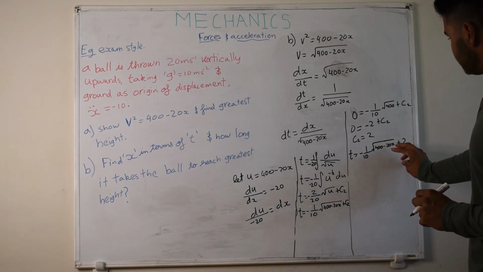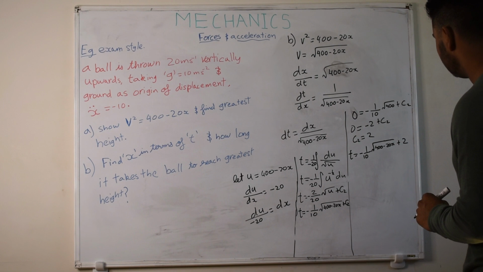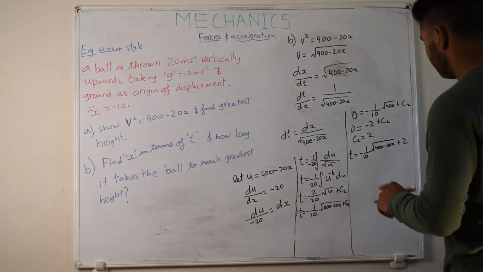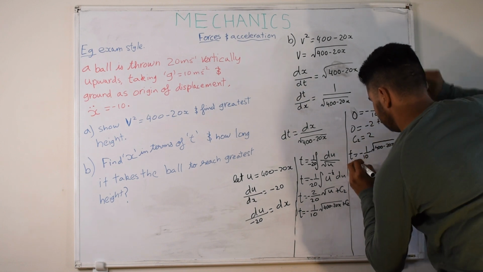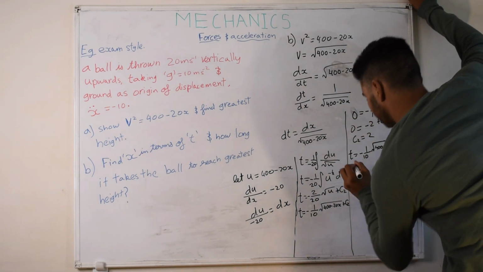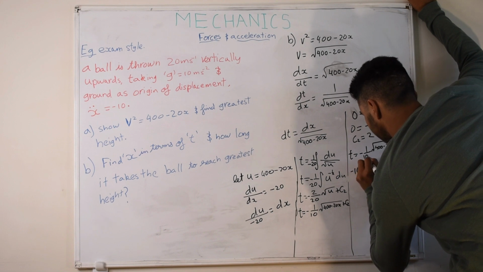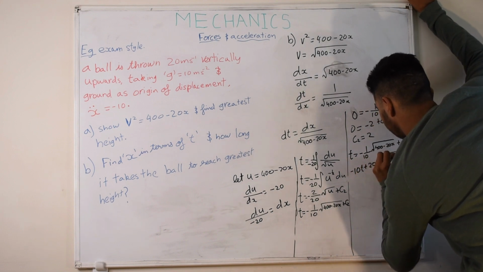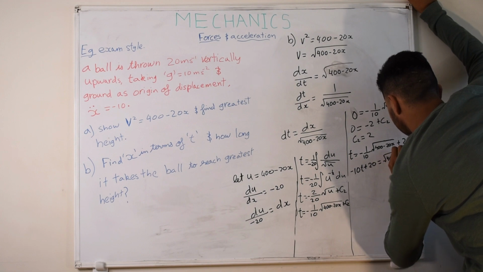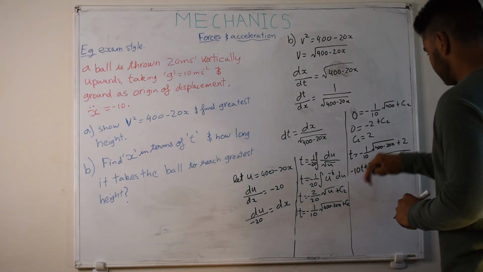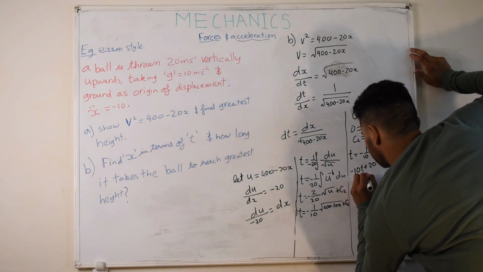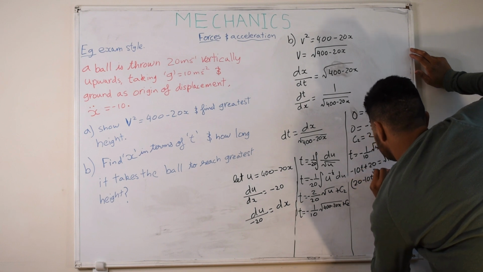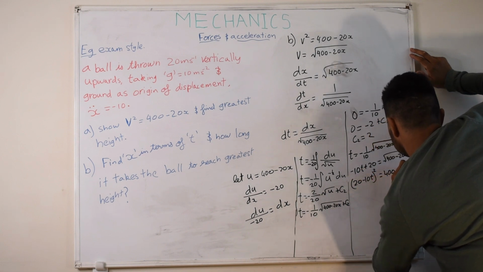We can rewrite this as x in terms of t. So minus 2 from both sides and multiply that by 10. So we then get negative 10t plus 20 equals the square root of 400 minus 20x. Correct? Square both sides. We get 20 minus 10t all squared equals 400 minus 20x.